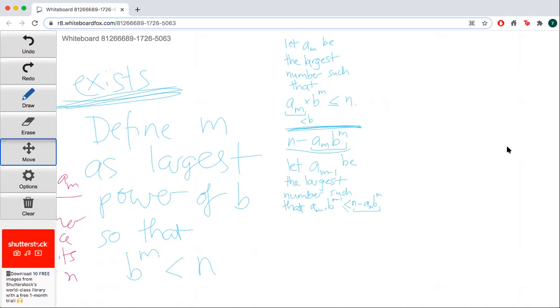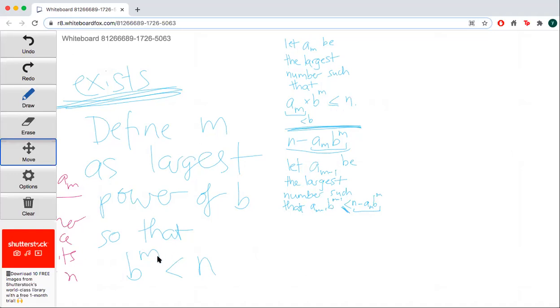So what's less? Oh yeah, less than or equal to, my bad. And up here as well, less than or equal to, because for example, in 100, my m would be 2. So the largest power would be 2.